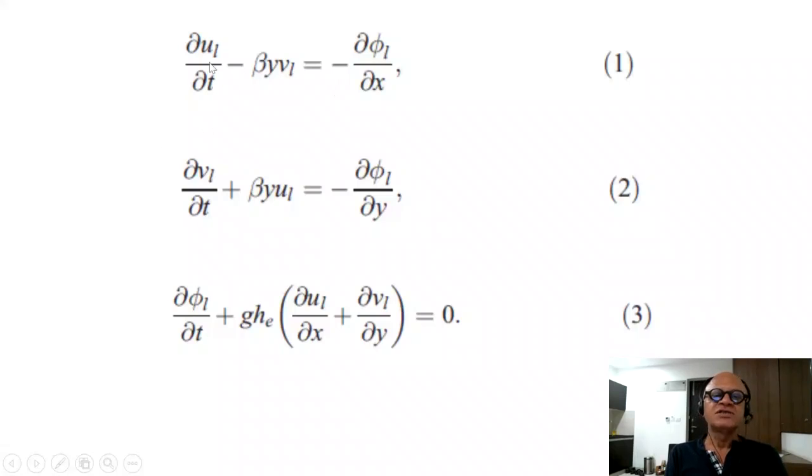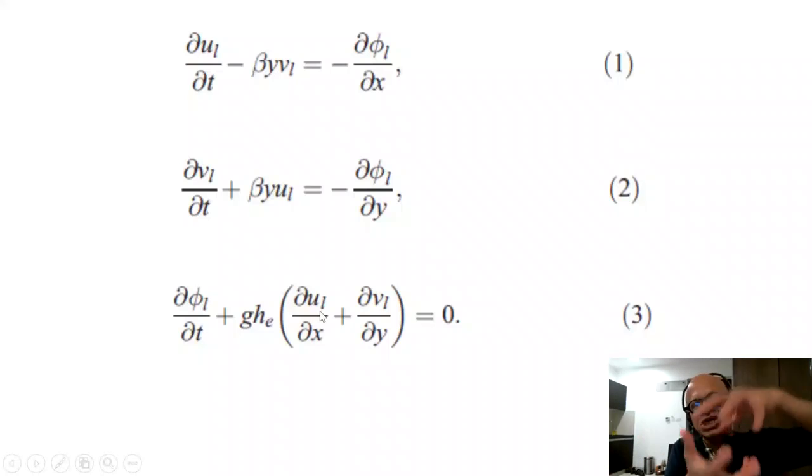So you have the zonal momentum equation for a vertical mode L. You have the acceleration term, the Coriolis term, and the pressure gradient term. That's the balance. In the meridional direction, you have the acceleration term, the Coriolis term, and the pressure gradient. And the continuity equation then becomes a function of horizontal divergence changing the geopotential height.